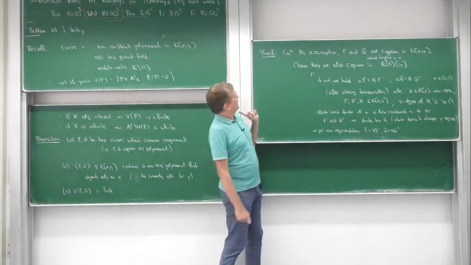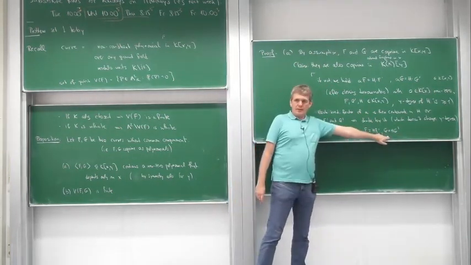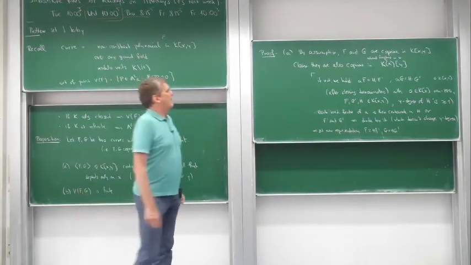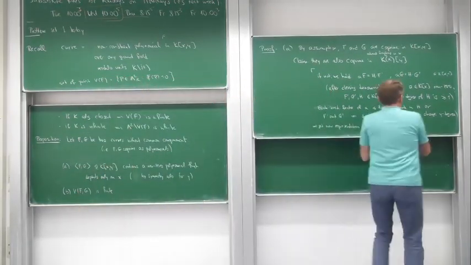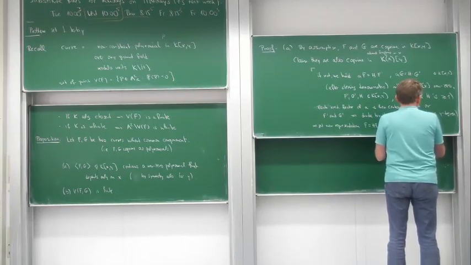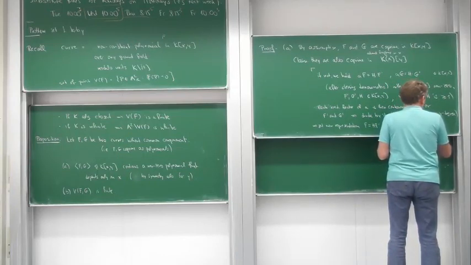That is of course a contradiction to f and g being coprime, because these are now polynomials, and that equation tells you that it would also not be coprime as polynomials. So this is a contradiction to f and g coprime in the polynomial ring.